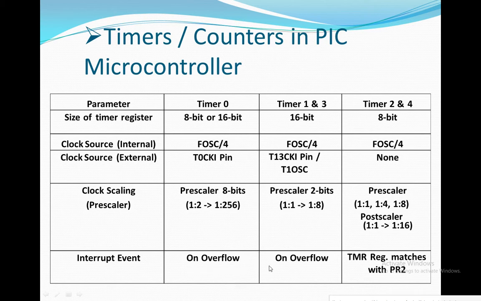On overflow of timer, this interrupt will happen, the microcontroller is interrupted and it will run a subroutine, which again loads the initial values for timer, and that timer is started in the interrupt or ISR subroutine. So timer 0, 1 and 3 are used for interrupt generation.